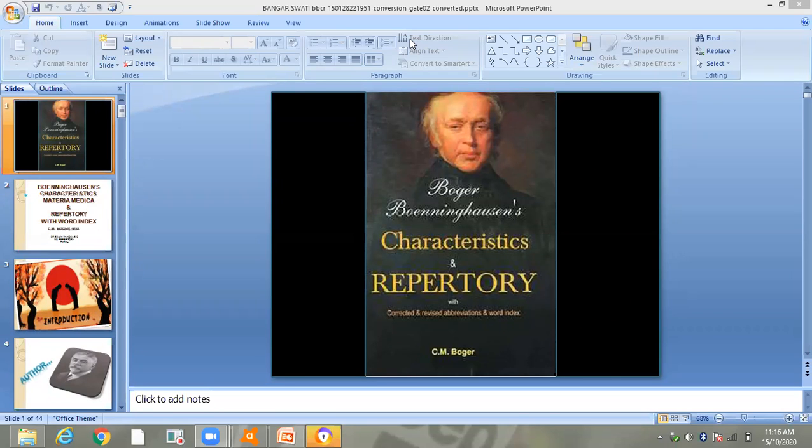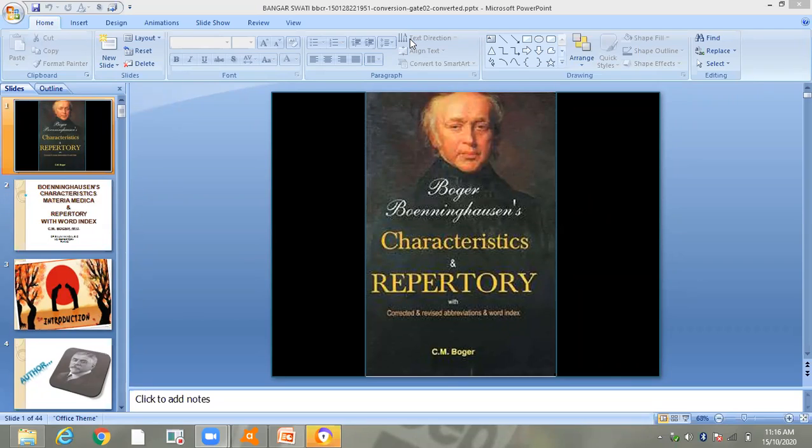Then in Boger's repertory, BBCR, we found that the mind section was enlarged and developed, as well as useful from a practical point of view.